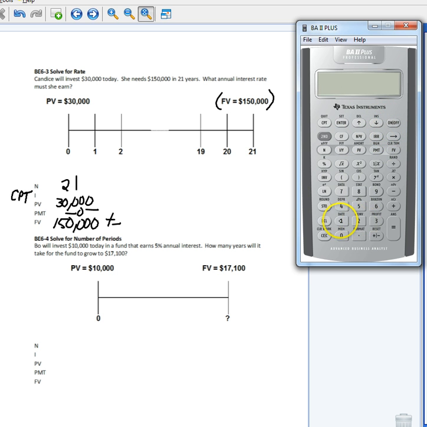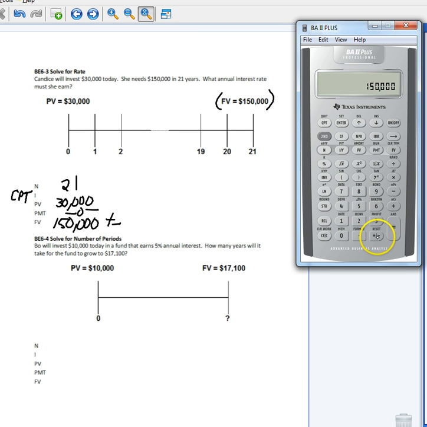Okay, so 21 is N. 30,000 is our present value. We don't have any payments. And 150,000.